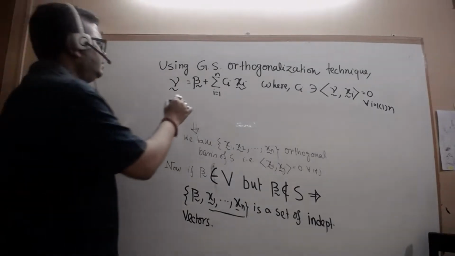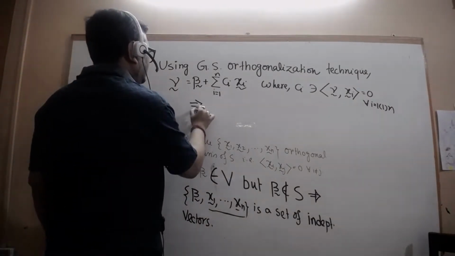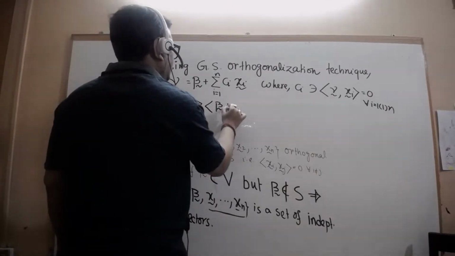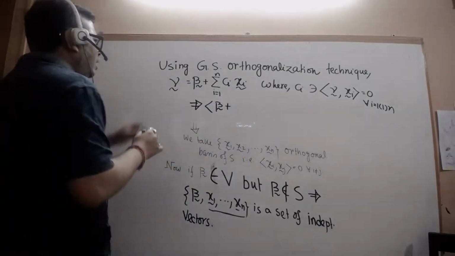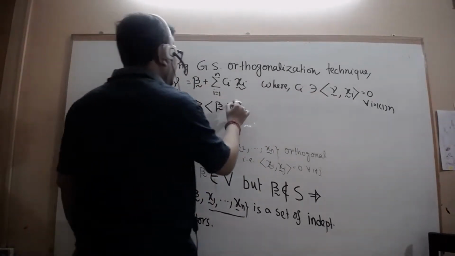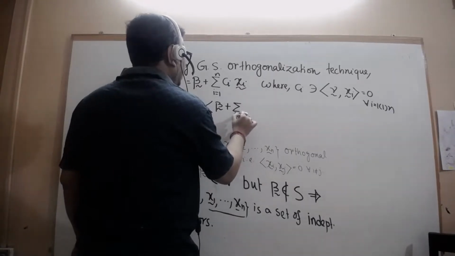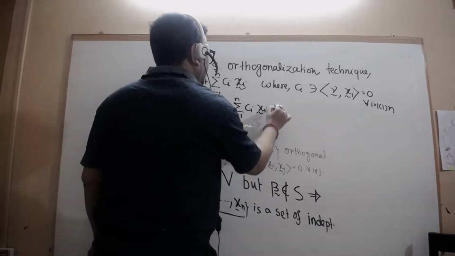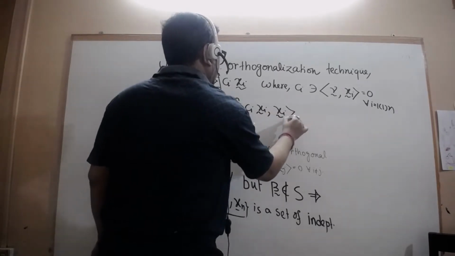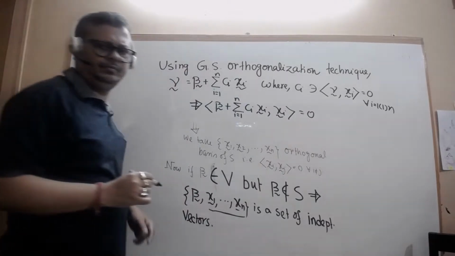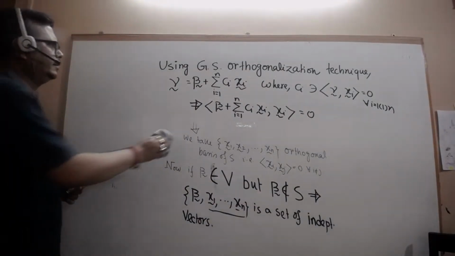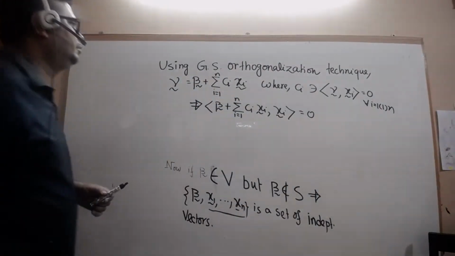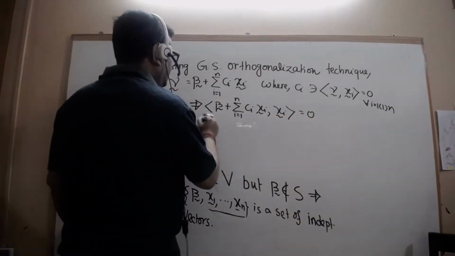So this means, I replace gamma curl by beta curl plus the sum over i from 1 to n of Ci xi curl, and this is equal to 0.